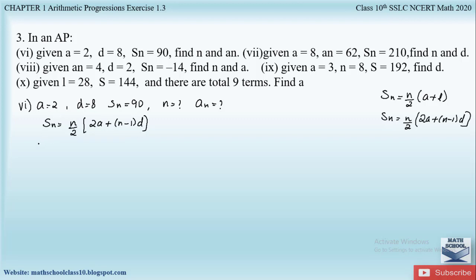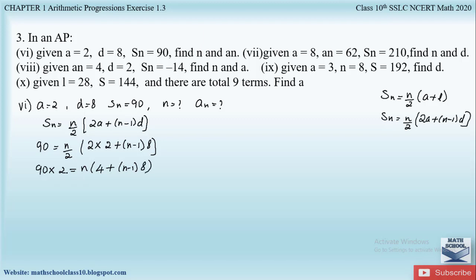So Sn is given by 90 is equal to n divided by 2 into 2 into a value, which is 2, plus n minus 1 into d value, which is 8. Let us send this 2 to the left hand side. We will get 90 into 2 is equal to n into 2 2s are 4 plus n minus 1 into 8.